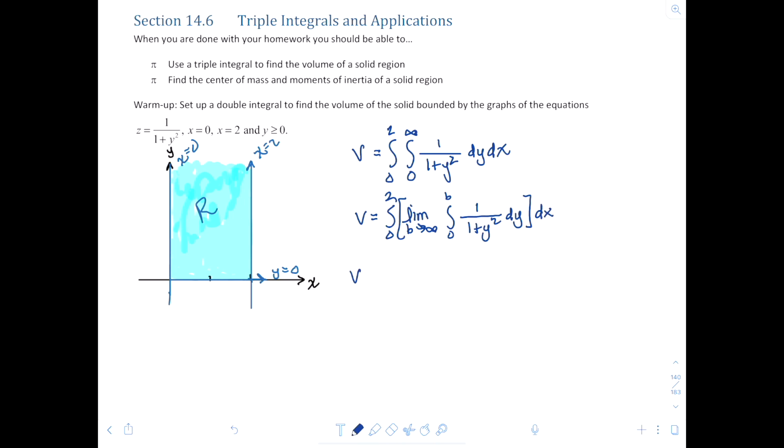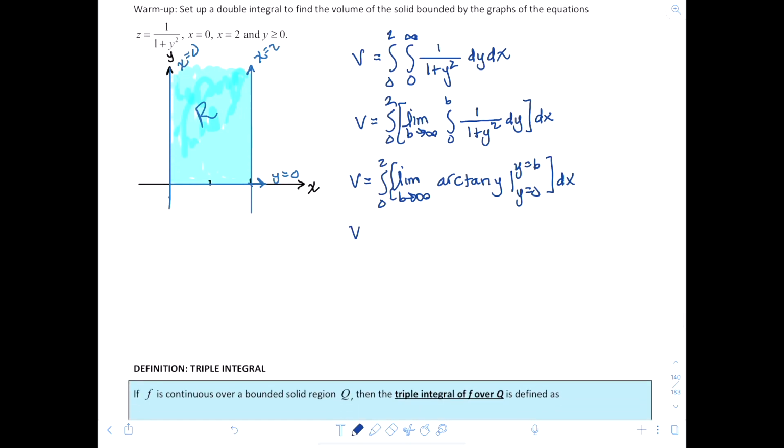So then our volume will be the integral from 0 to 2 of the limit as b approaches infinity of arctangent y evaluated from y is 0 to y is b. And again, after we do this one, we'll be doing the next integral with respect to x.